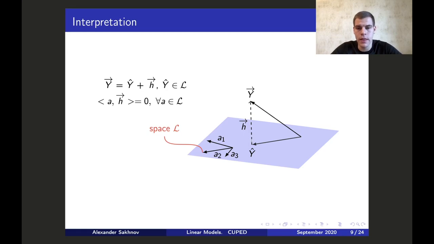It means that this vector should be orthogonal to any vector in subspace L. But what does it mean that this vector is orthogonal? It means that a scalar product of the height with every element from space L is equal to 0. And that's how we can find the best linear approximation.